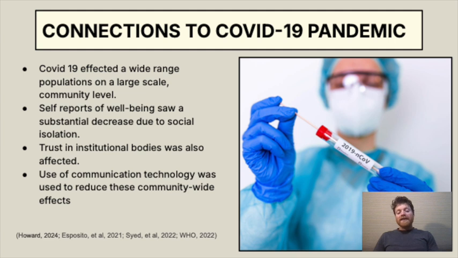So community psychology took upon itself to increase the usage of communication technologies to increase academic attendance, social connection, and things like delivery of foods to keep people inside and still be able to get groceries and stuff.